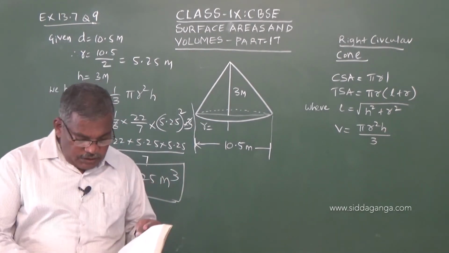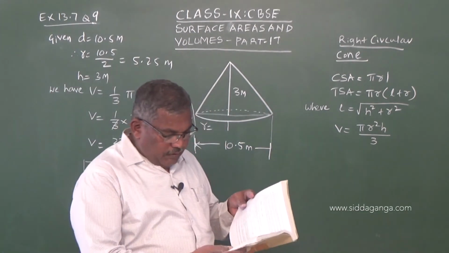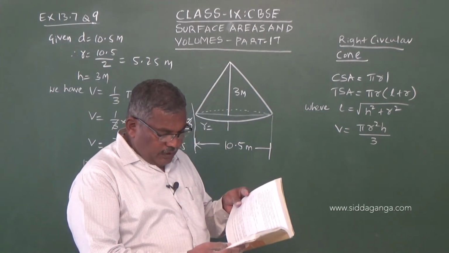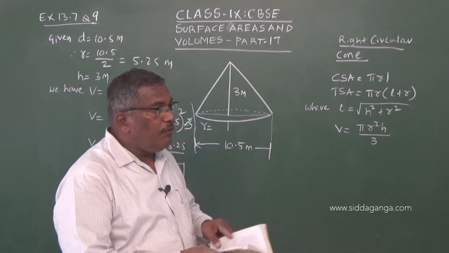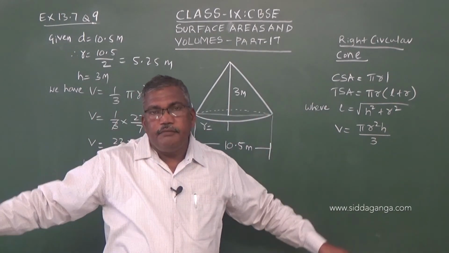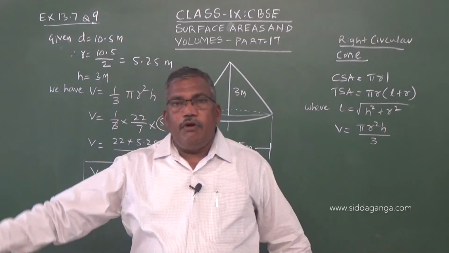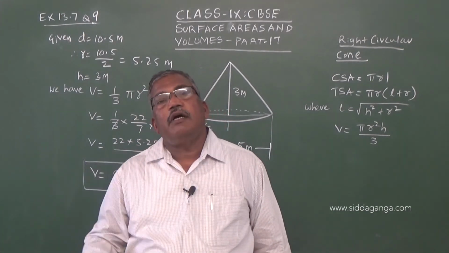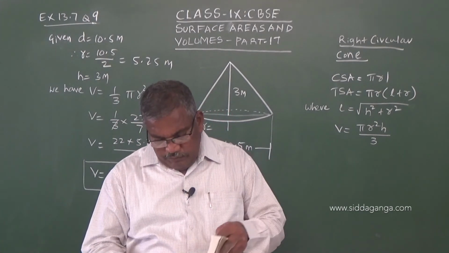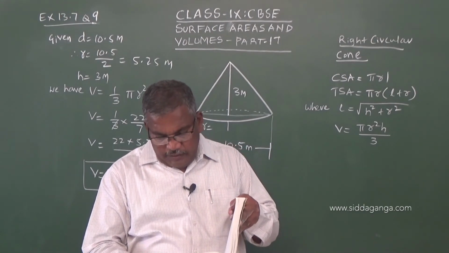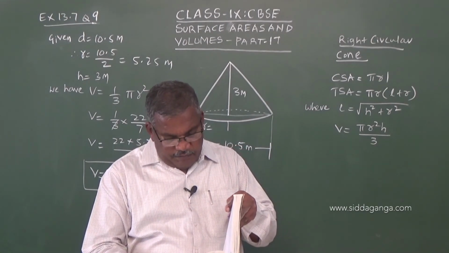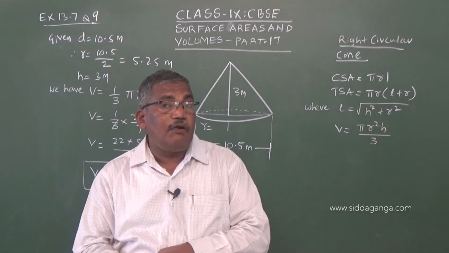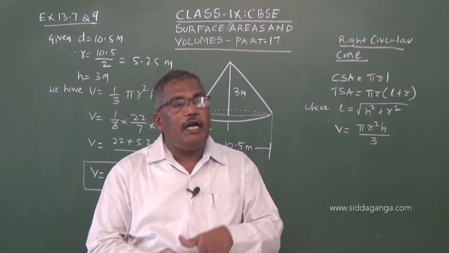Now, the next question is, if the heap is to be covered by canvas to protect it from rain. So, the wheat heap is to be covered with a canvas or tarpaulin, whatever it is, to protect it from rain. Find the area of the canvas required. That means we have to find out the curved surface area.